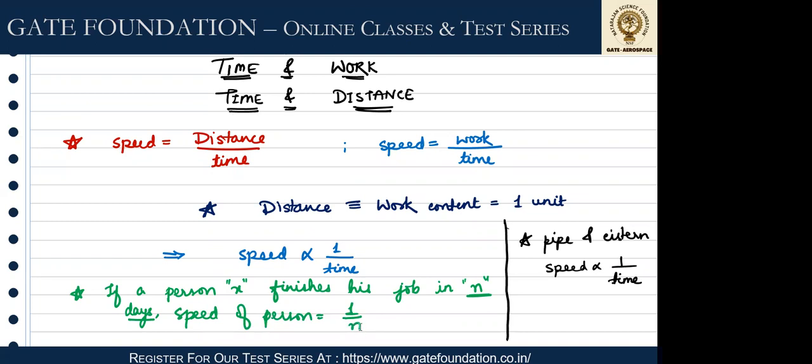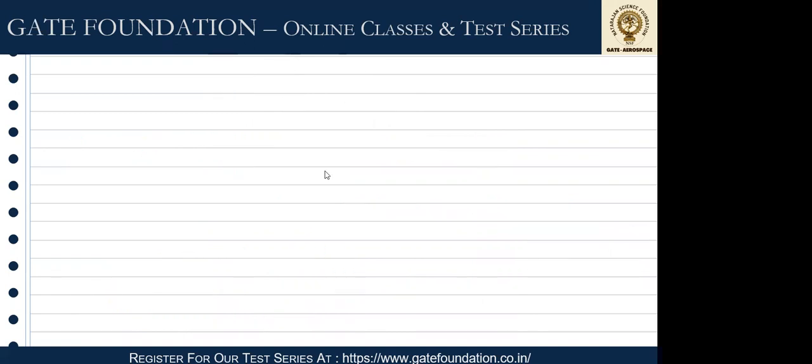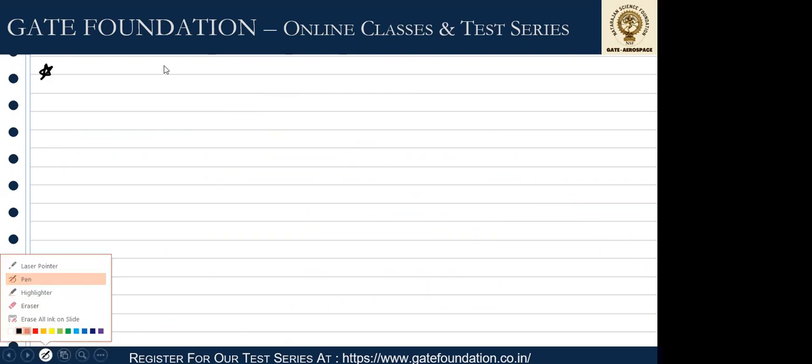This is a concept that we are going to use a lot, right? So there are some points that we'll write and we'll end up the session today. जो point हम यहाँ पर लिख रहा हूँ मैं, then we'll end up the session and we'll continue with the numerical in the next class.